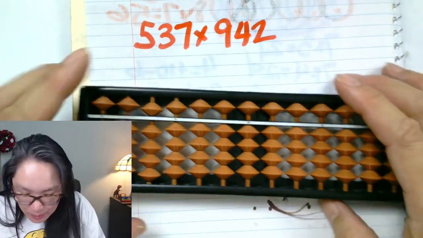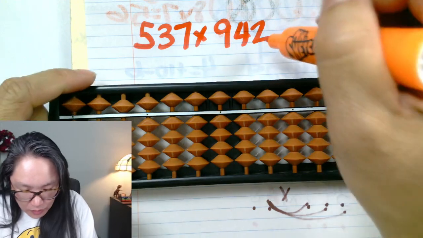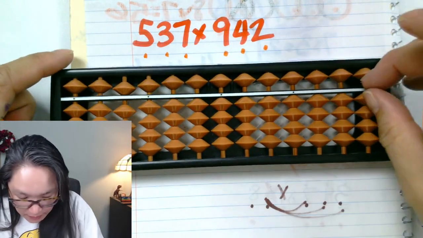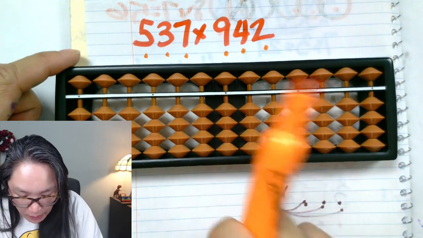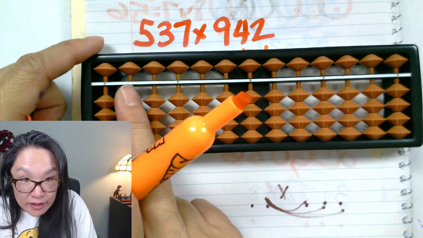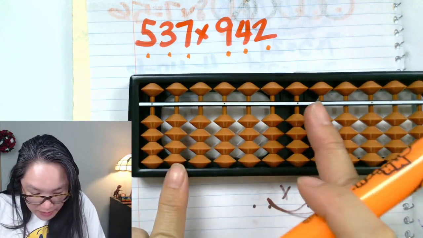Yes, exactly. 6 places out. So when we look at it, 1, 2, 3, 4, 5, 6. I'm going to start in the middle. 1, 2, 3, 4, 5, 6. So I'm over here. I'm going to use this as my middle.